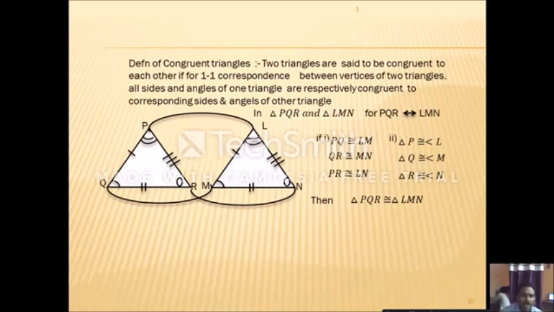In triangle PQR and triangle LMN, for the correspondence PQR to LMN, if side PQ is congruent to side LM, side QR congruent to side MN, side PR congruent to side LN, and angle P congruent to angle L, angle Q congruent to angle M, and angle R congruent to angle N, then automatically triangle PQR will exactly overlap triangle LMN, and then we can say that triangle PQR is congruent to triangle LMN.